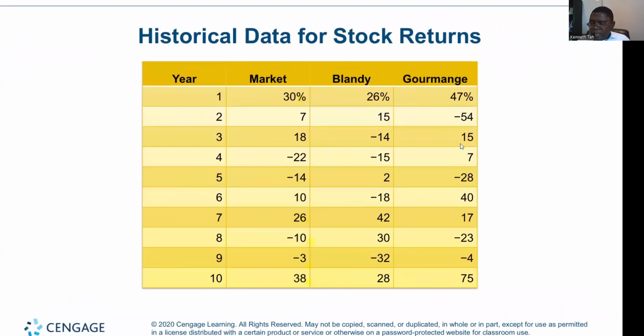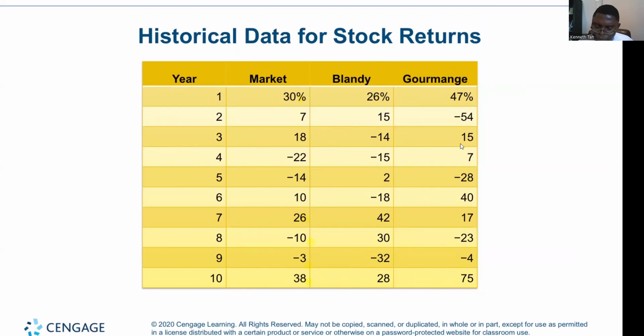All right, so this is an example of historic data for 10 years for the market and 2 other companies. Our task here is to calculate the expected return and the risk. So the expected return, in terms of the market, is basically to add up all the returns and divide by 10.